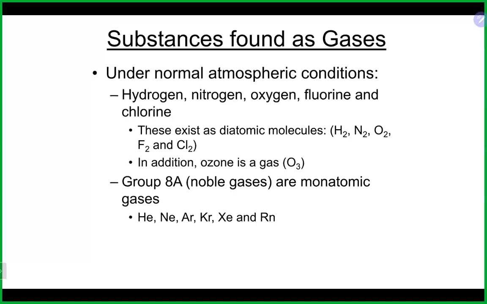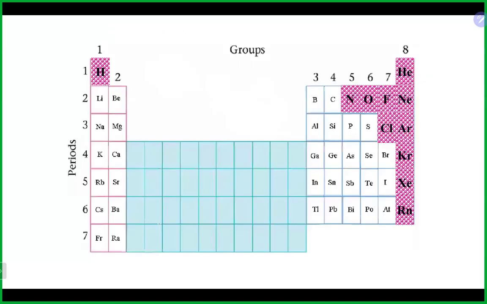Noble gases are monoatomic gases, which means they come as ones. And again, hydrogen, nitrogen, oxygen, fluorine, and chlorine come as twos, which are diatomic. So the shaded ones are the ones that under normal conditions would be found as a gas.